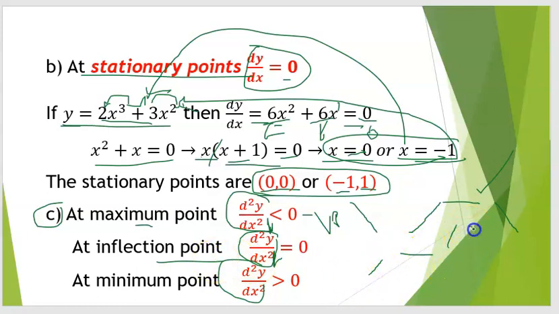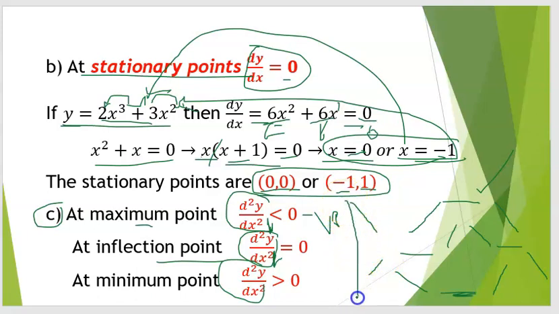Or if it's negative, then 0, then negative again, that is still a point of inflection. But if it is negative to the left, 0 at the turning point, and then positive on the right side, that becomes a minimum turning point.